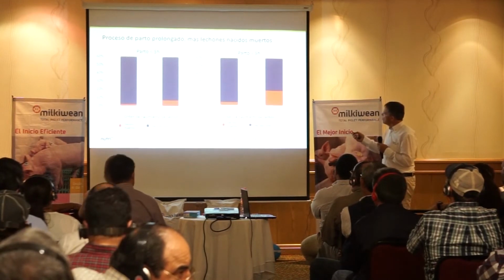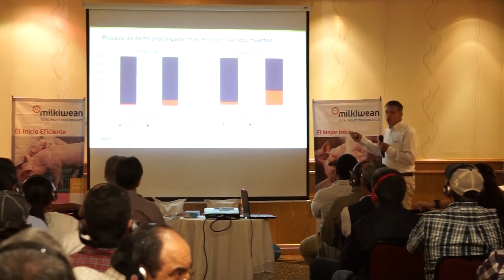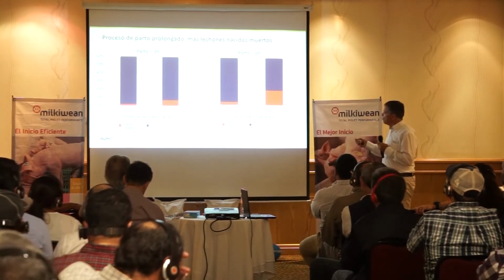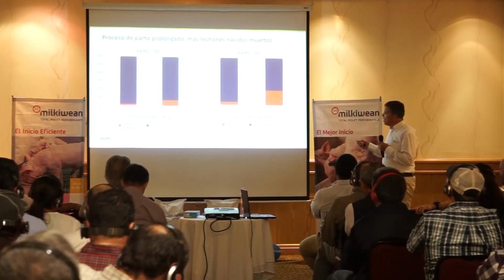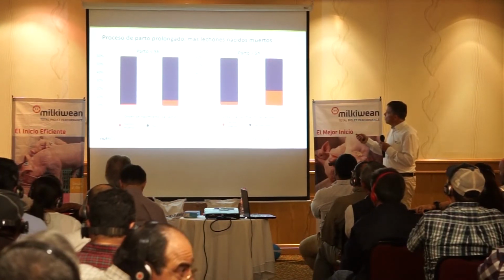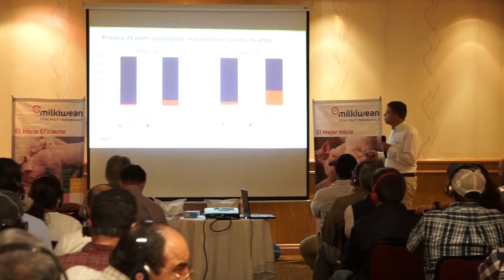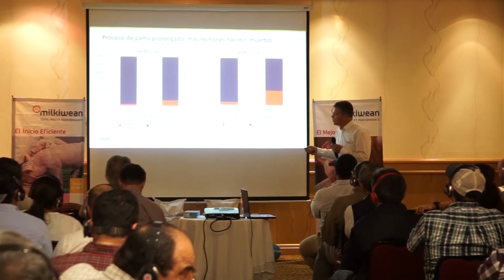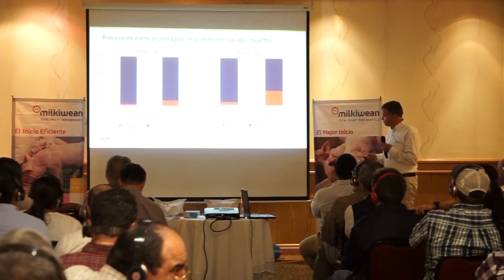You see that the farrowings with more than 5 hours have the majority of the mortality. In general, when the duration of the farrowing process is more than 5 hours, you have more mortality than with a short farrowing process.